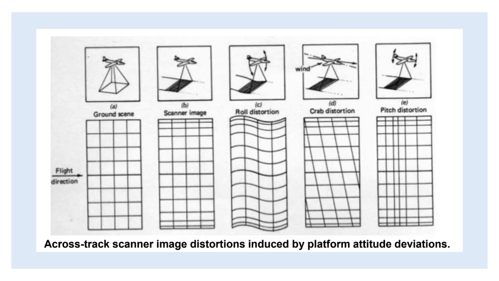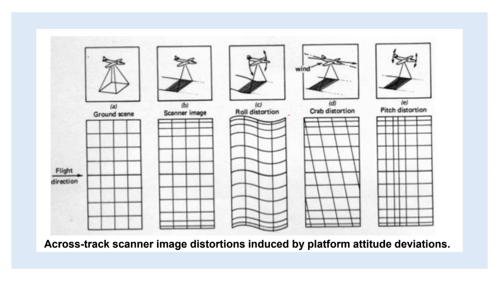So here an example is given. This is the ideal form in which you should get the image, a proper grid. A unit cell is square in shape, the whole thing is rectangular, but a scanner image can come like this, where you have rectangles instead of squares. Roll distortion can come, that is the up and down movement of the flight, so it can come like this.